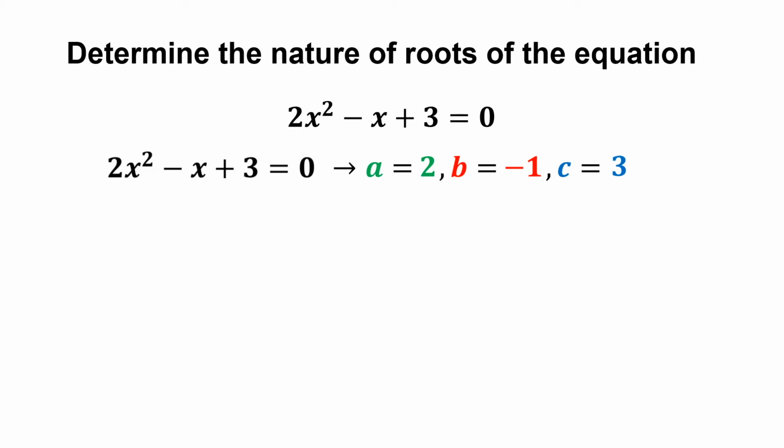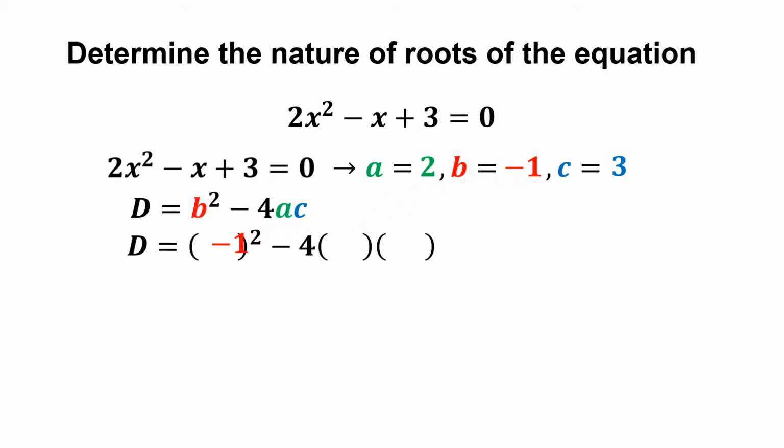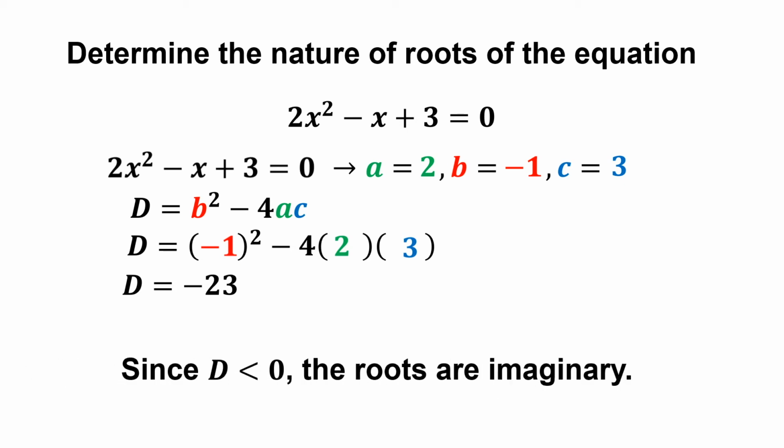Mental math is highly encouraged. Let's compute d by substituting the values of a, b, and c to d is equal to b squared minus 4ac. The computed value is negative 23. Since d is less than 0, the roots are imaginary and unequal.